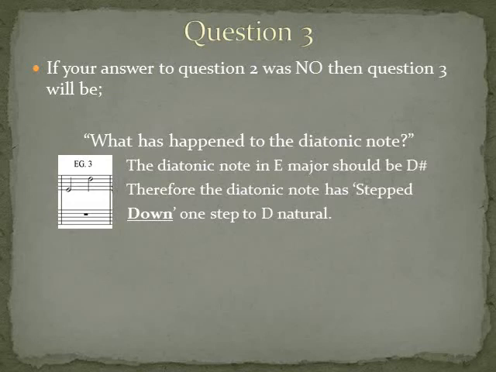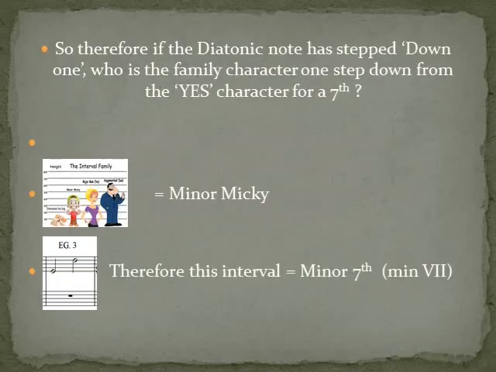What's happened to D sharp in this example? D sharp has been brought down by 1 step to D natural. Therefore, the diatonic note has stepped down 1. Therefore, the diatonic note that stepped down 1 has actually stepped down 1 from the family member who is the yes character.